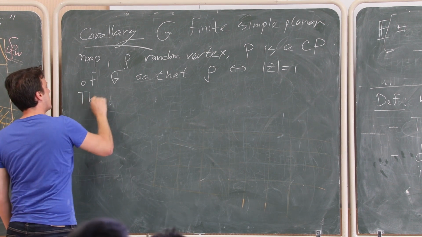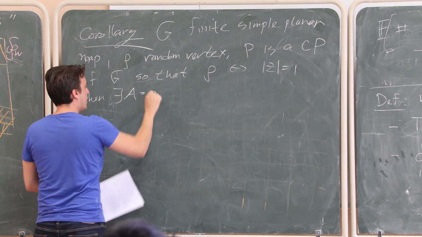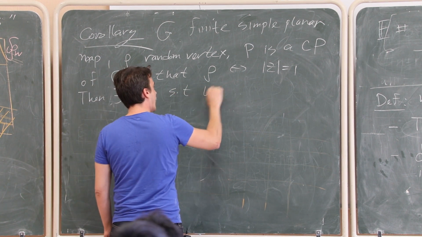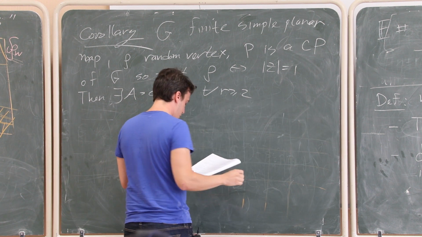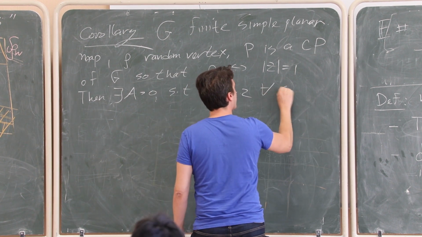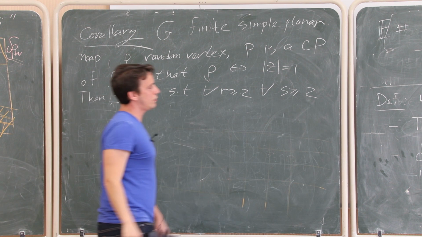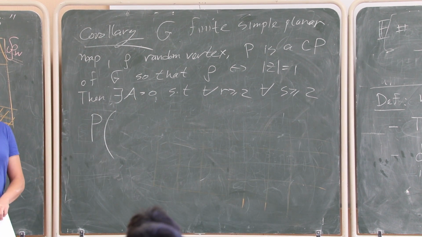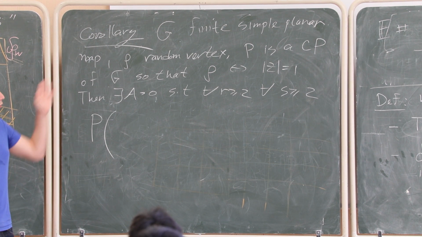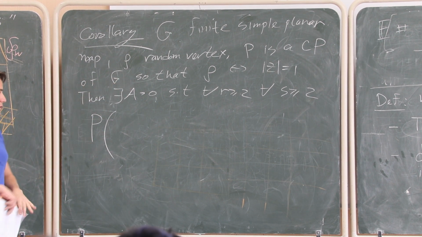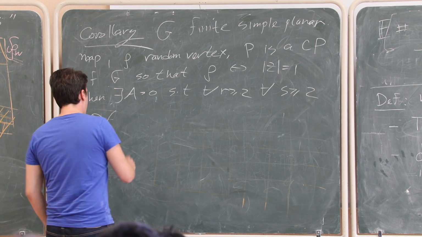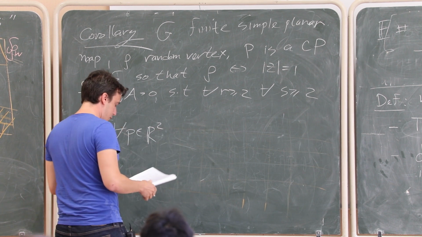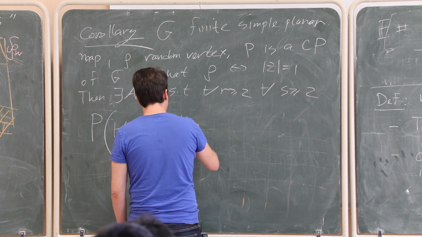Then there exists some constant a such that for any number r and any integer s bigger than 2, the probability, which is only over the random choice of the vertex, that the number of points that I see is large.